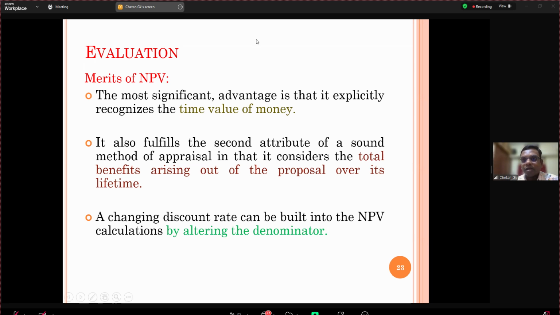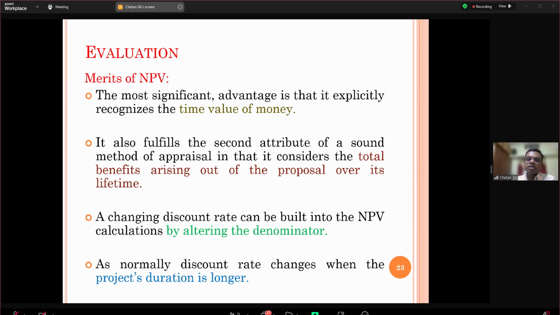That can be accommodated in the case of NPV. Understood what I am trying to say? Altering the denominator means you are changing the WACC. Instead of 12%, for the first 5 years it is 12%, and for the next 5 years it can be 14% WACC. So that can be built into the equation itself. That is the meaning of this.